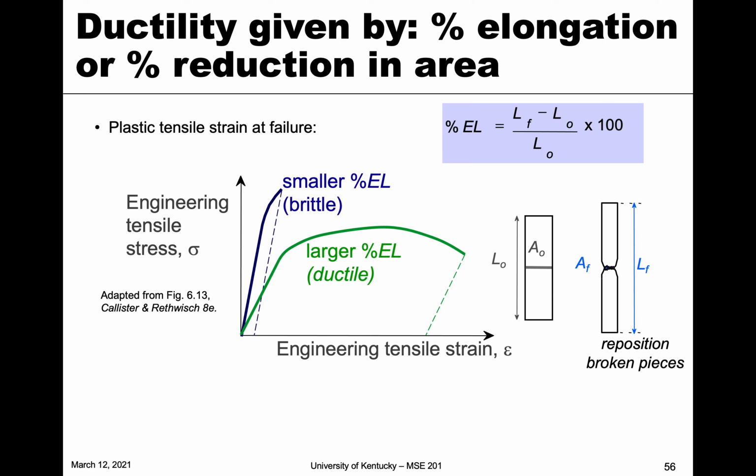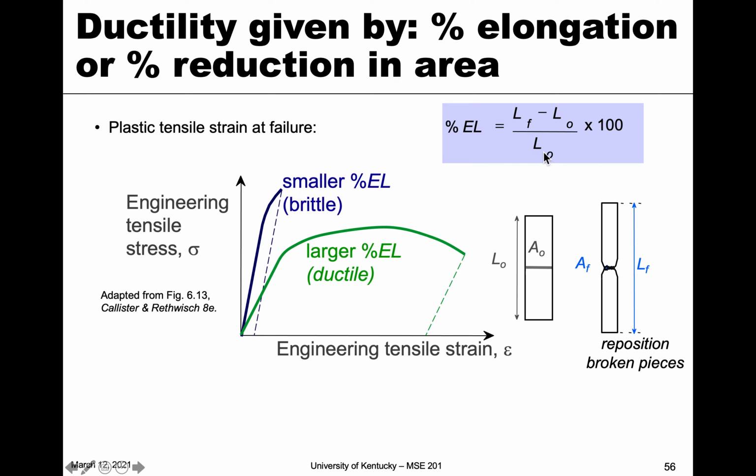The easiest way is to look at the percent elongation. We can define the percent elongation as this: percent EL for elongation is the final length minus the original or initial length, over the initial length. And if this equation looks familiar, it's because this is effectively strain, right?